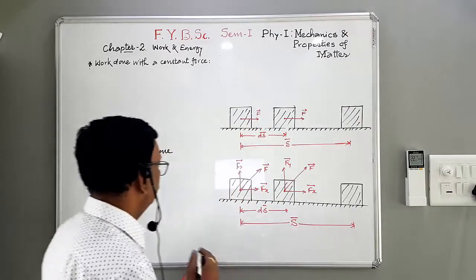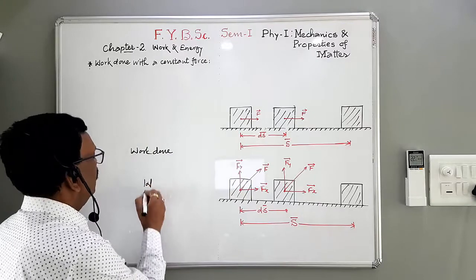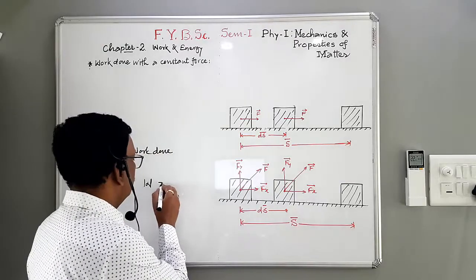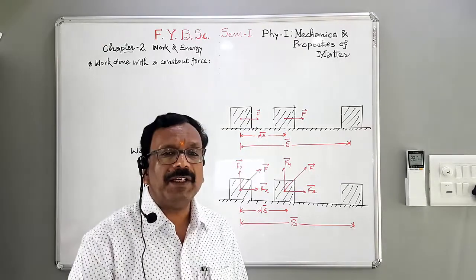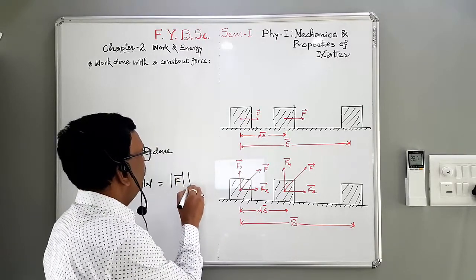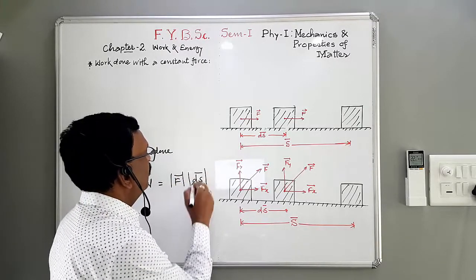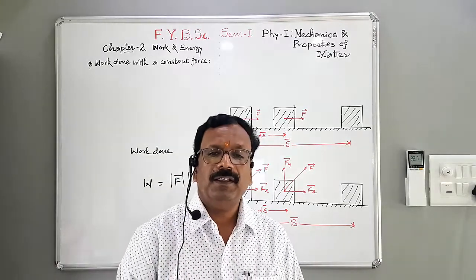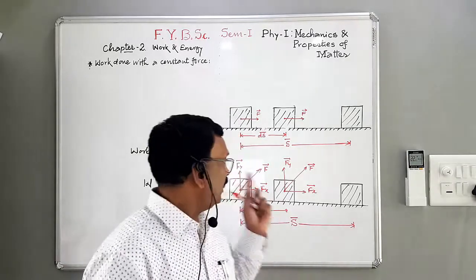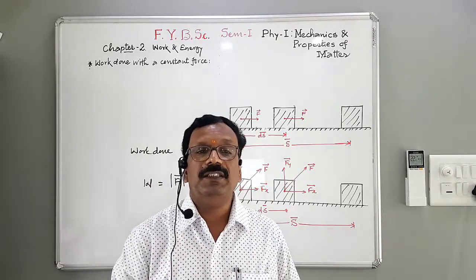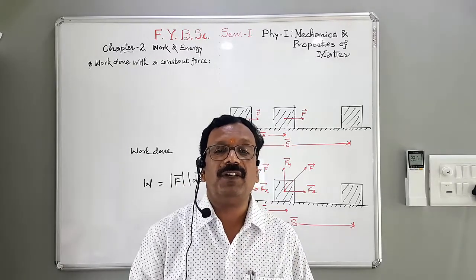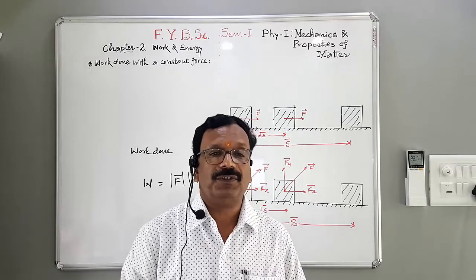The work done by a constant force is equal to the magnitude of applied force and displacement of the body in the direction of force. I am going to repeat: the work done by a constant force is equal to the product of the magnitude of force and the distance covered by the body in the direction of force.